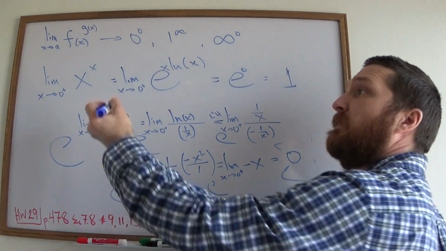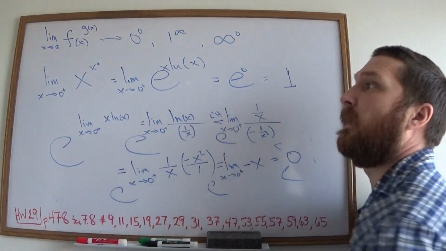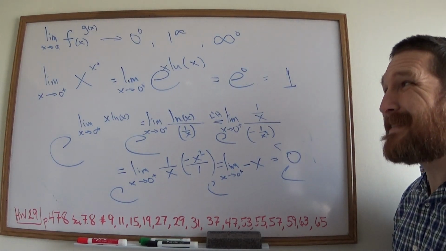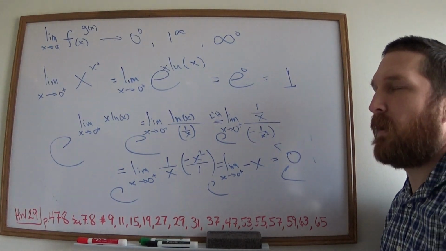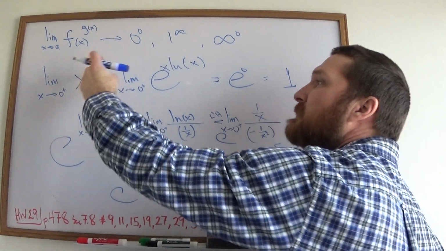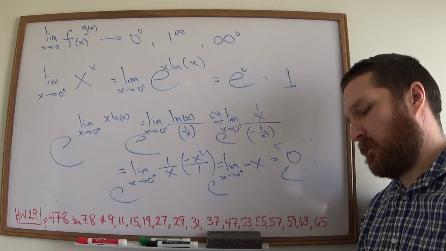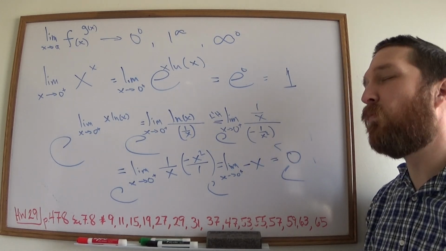You're going to have that in your homework. And so when you say, well, what's 0 to the 0? Well, you might get something different. You probably will. And so it depends. I've been asked a bunch of times, especially when we were doing algebra 2, what's 0 to the 0?